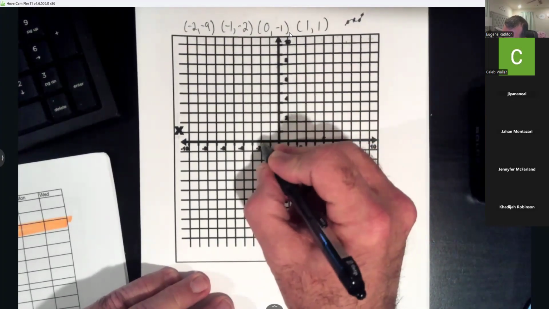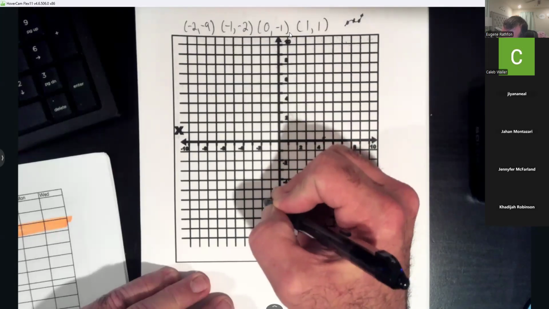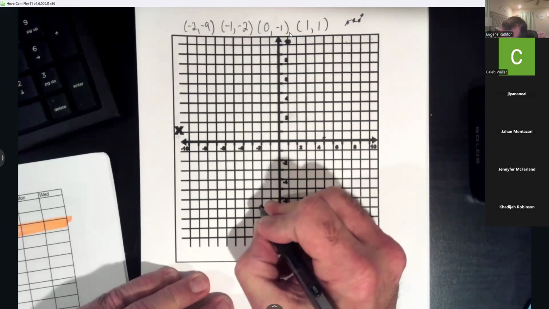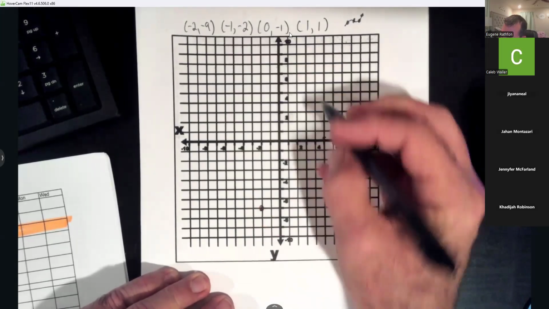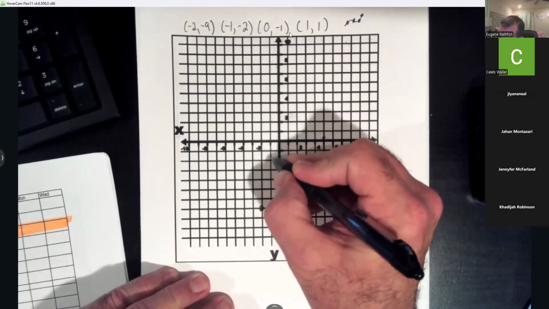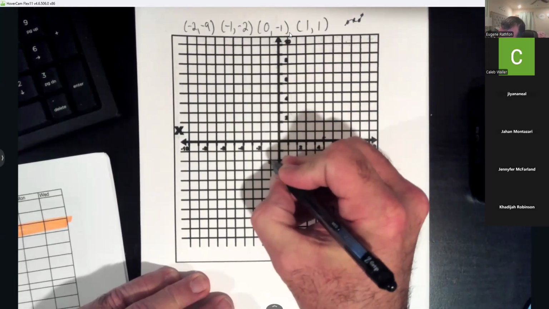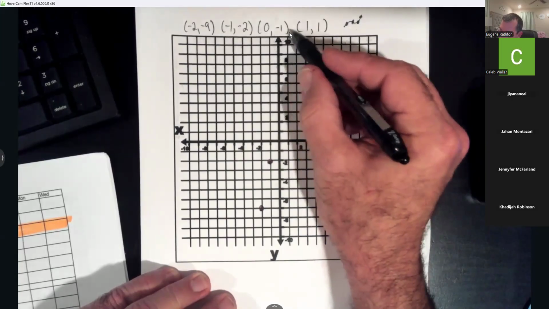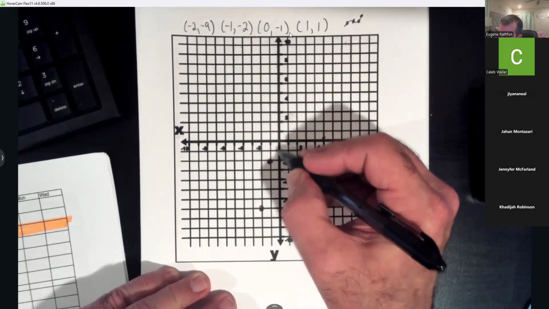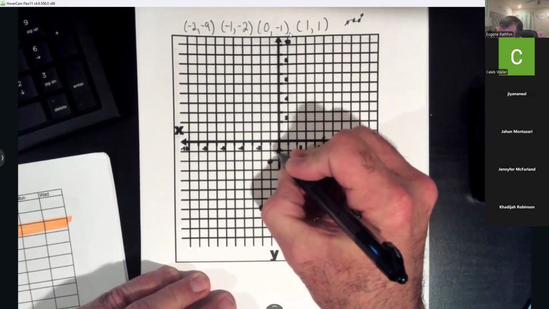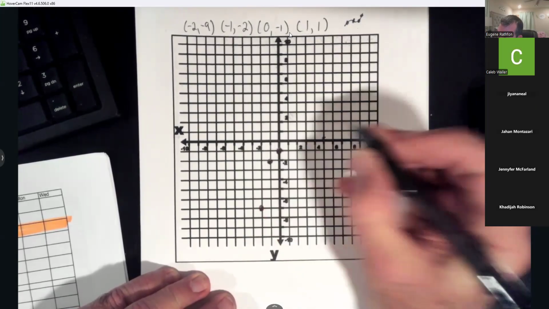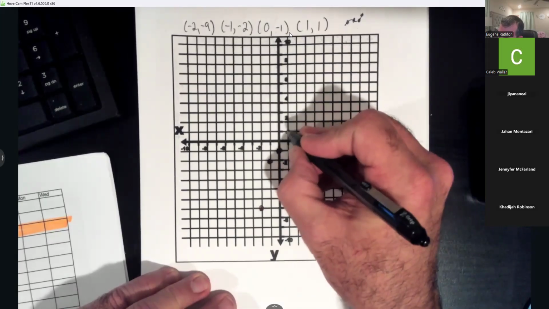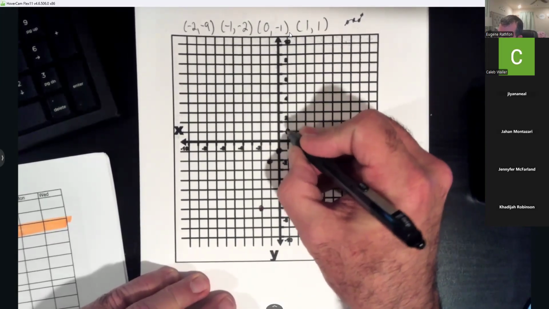So y'all, -2, -9 is down here. -1, -2 is right here. 0, -1: 0 on the X, down 1 on the Y. And then finally, right 1, up 1 for my last point.